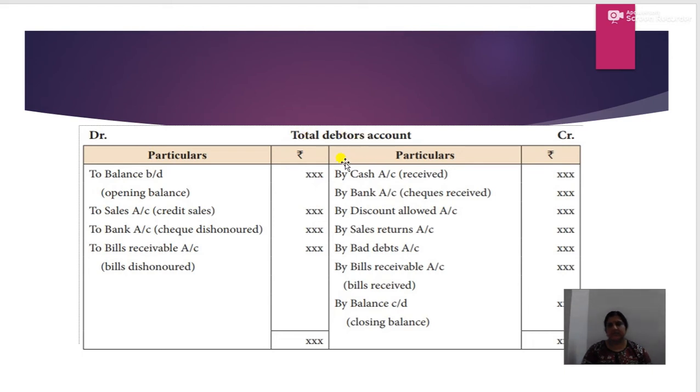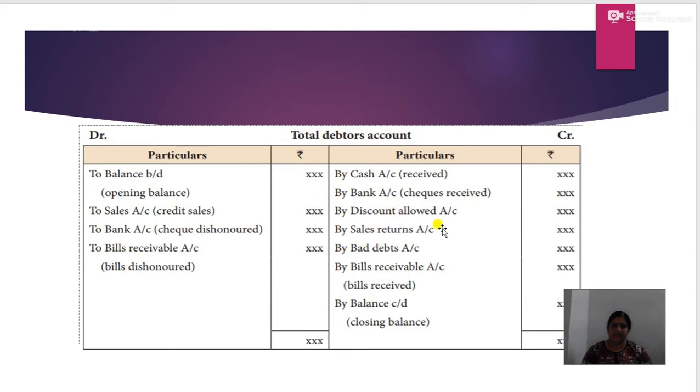Now you know a debtor is an asset. Now what is the balance of an asset? Assets have a debit balance. So the debtors account will also have a debit balance. Now what is the general rule?